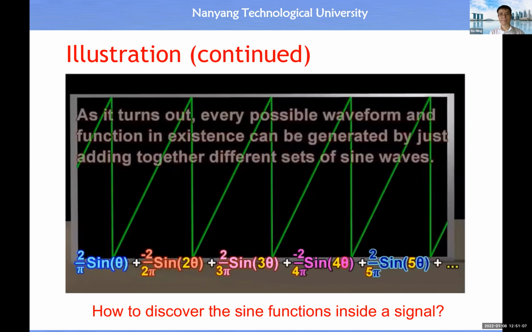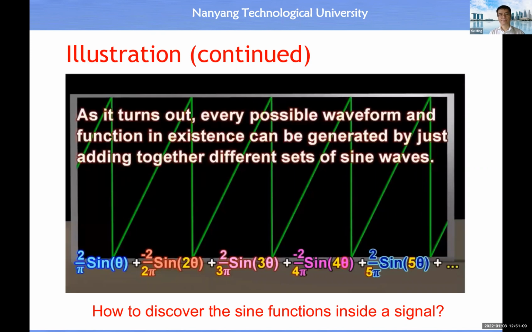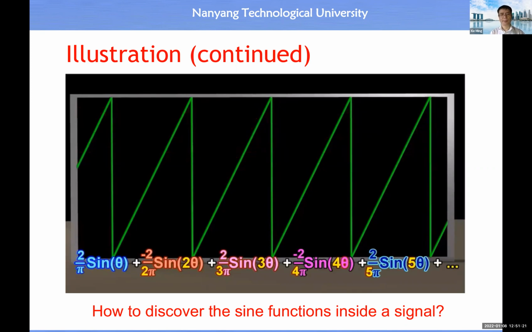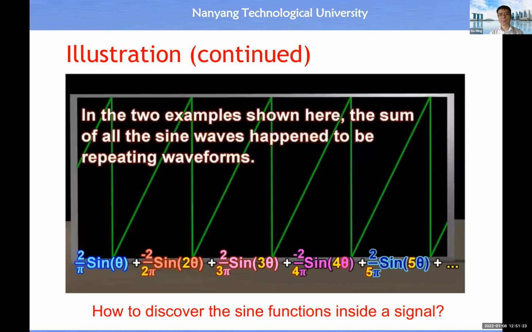As it turns out, every possible waveform and function in existence can be generated by just adding together different sets of sine waves. So this is a very important conclusion. In the two examples shown here, the sum of all the sine waves happened to be repeating waveforms.